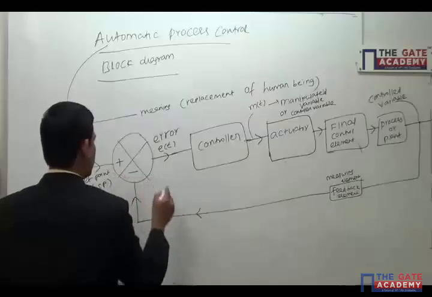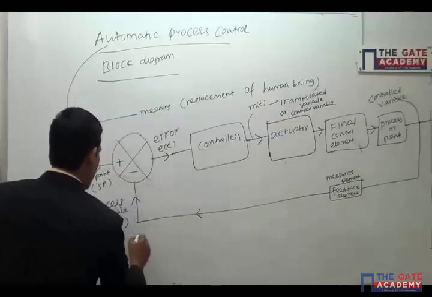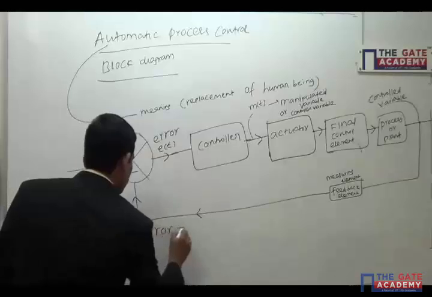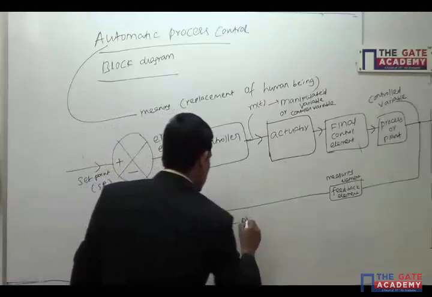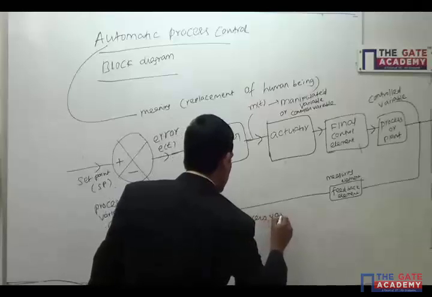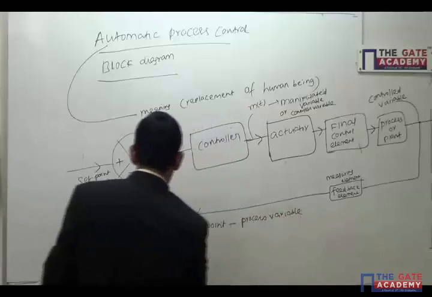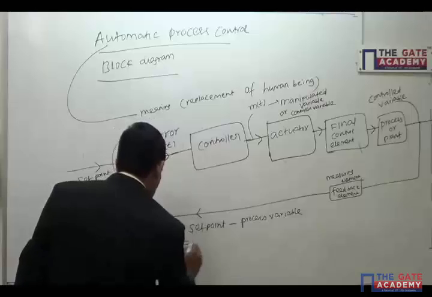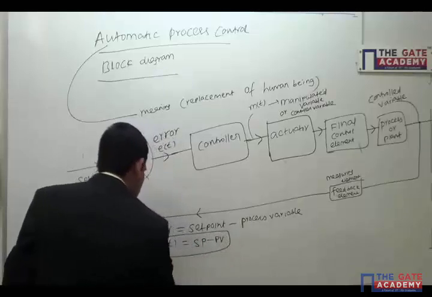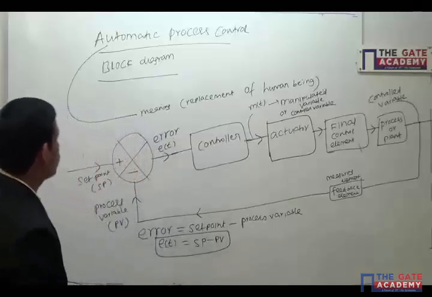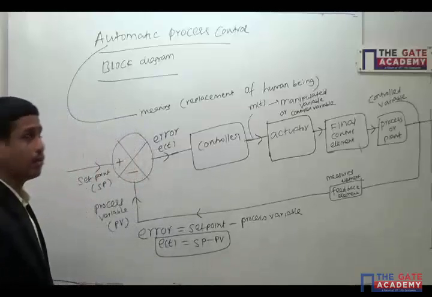From here we are using a feedback element, again we are getting a process variable. Yes, error is nothing but what? Error is set point minus process variable, that is E of t equals SP minus PV.